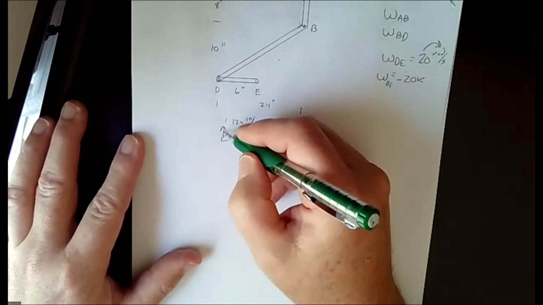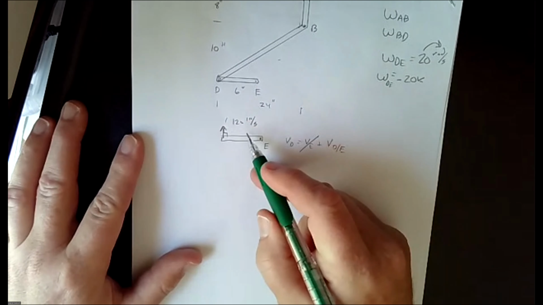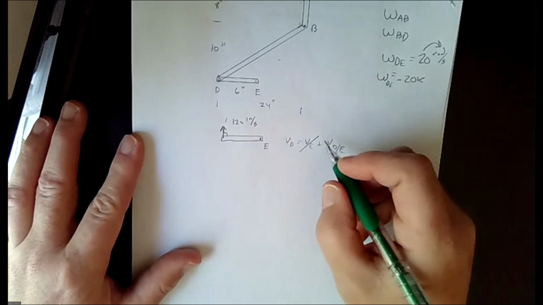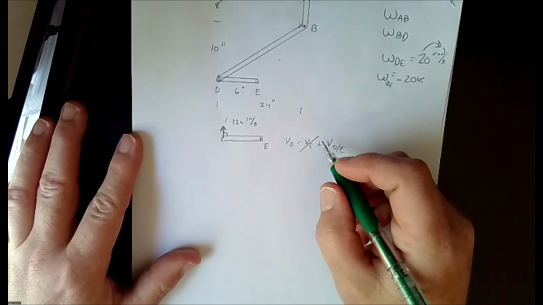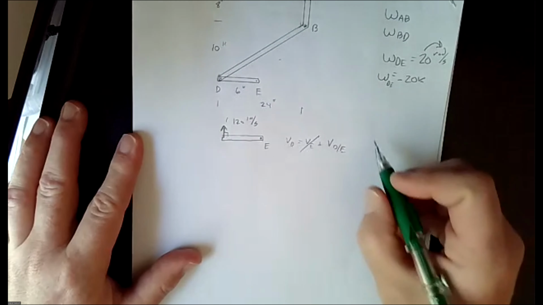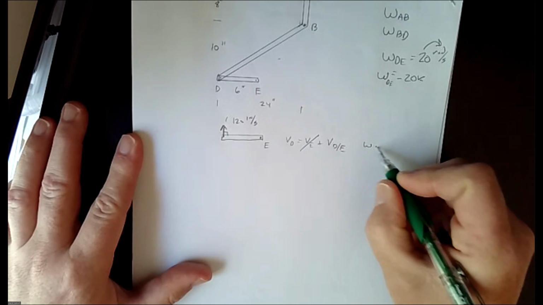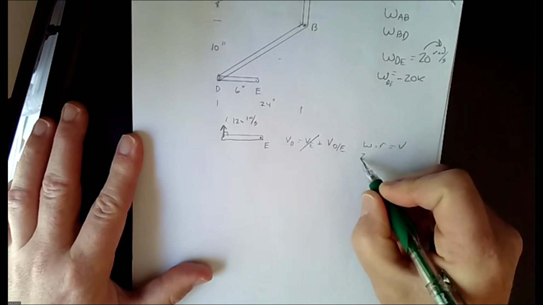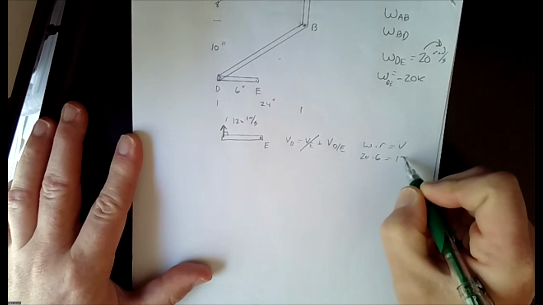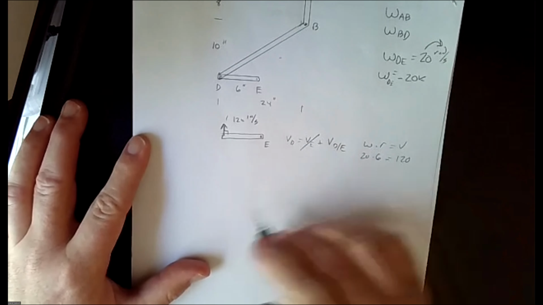Anyway, we know the direction. That's the important thing. We know it's 120 inches per second going up, or we just take 20 times 6. So omega times R equals V, or 20 times 6 gives us 120. So now we have that.